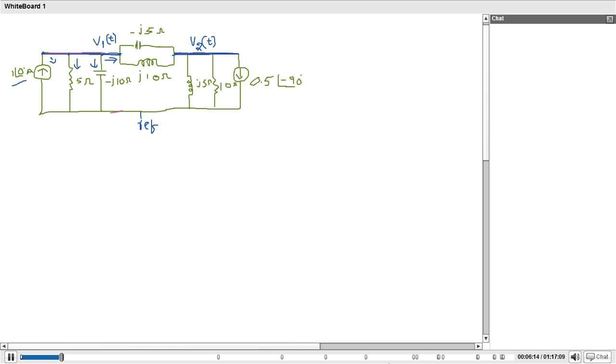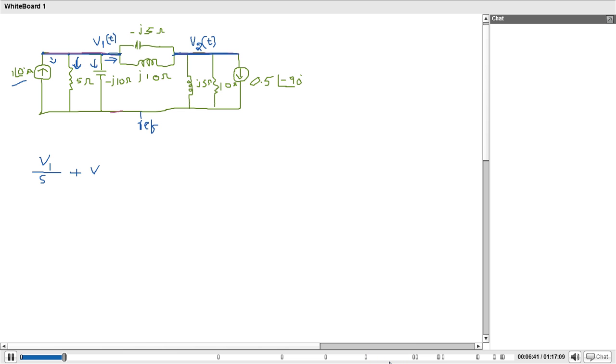Then write the equation by applying KCL. Nodal analysis is based on Kirchhoff's current law. So applying KCL at node 1, write the equation. V1 by 5; I am just writing V1 for simplicity. The current flowing through the 5 ohm is I equals V by R, so V1 by 5.